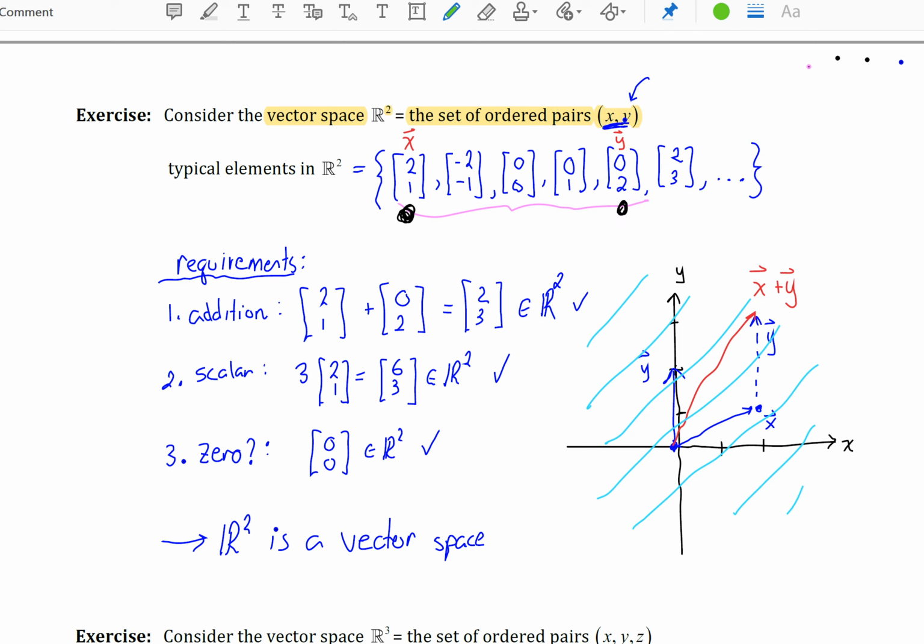Similarly, if you took a vector x and you wanted the negative of x, well, that'd be a vector that pointed in this direction. This would be the vector negative of x. Notice that the negative x is still in R2. So that's our first vector space, R2.